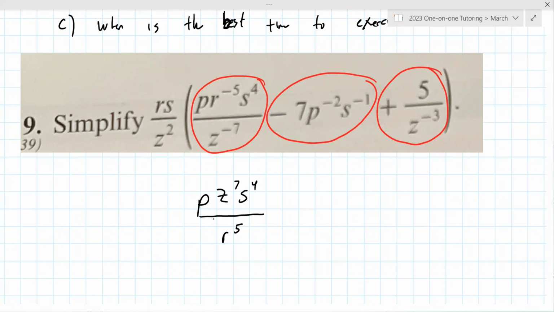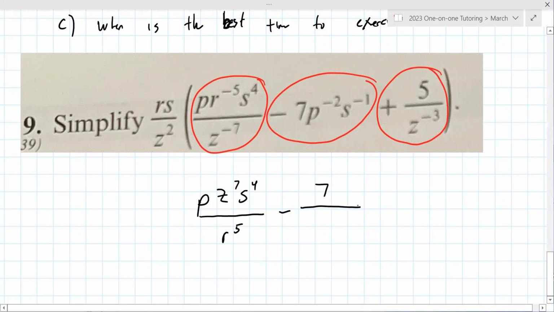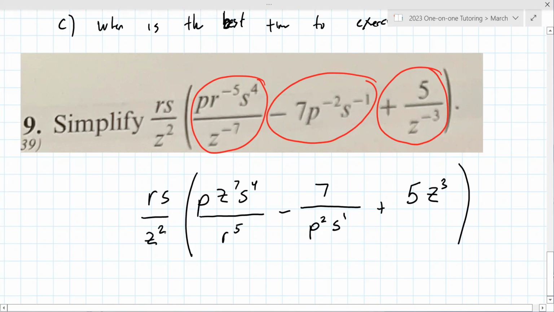And then for 7p, or 7 over p to the second s to the first. Good. Plus 5z cubed. Now we can actually multiply in and have a chance here.